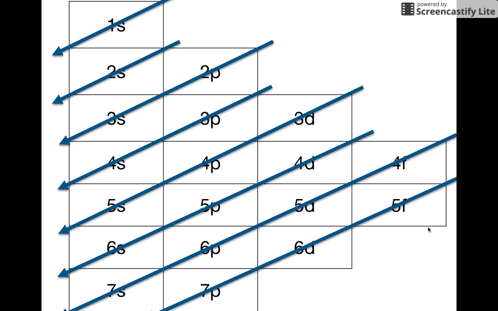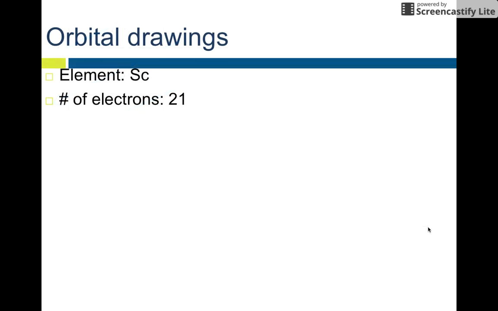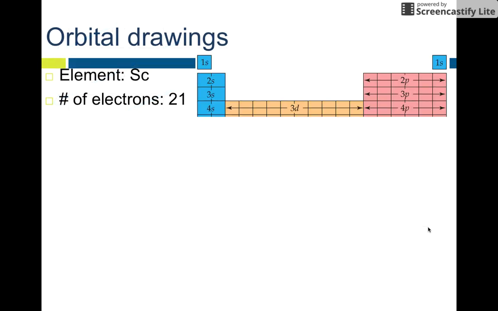I want to do one more of these to practice, and then I want to have you work on your activity. So let's look at scandium. This is on the very top of the back of your activity. Scandium is element number 21. So if we look at this depiction, scandium is going to be right here.